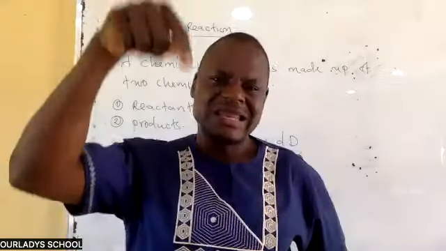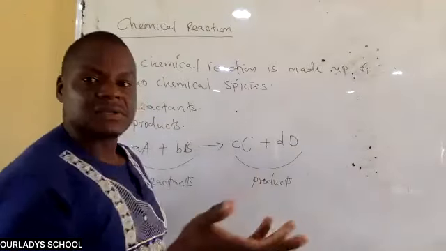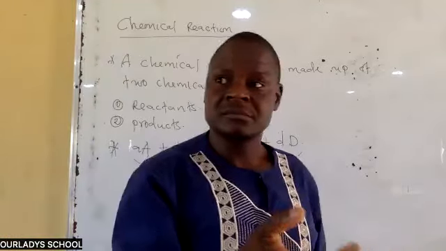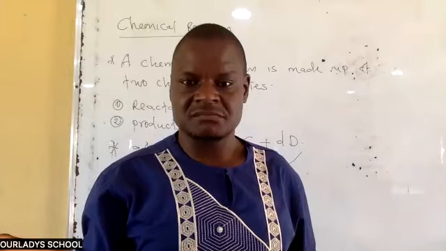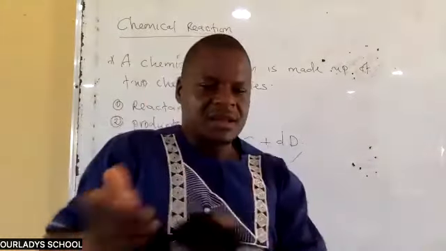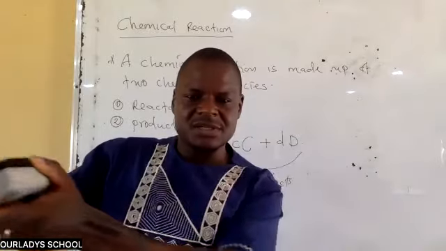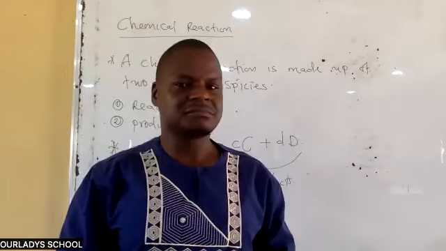That at the beginning of the chemical reaction, there's no product. Right at the start of a chemical reaction, there's no product. Products will only appear within the proceeding of a chemical reaction or at the end of a chemical reaction.